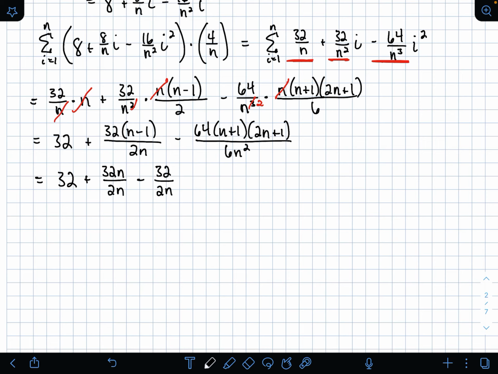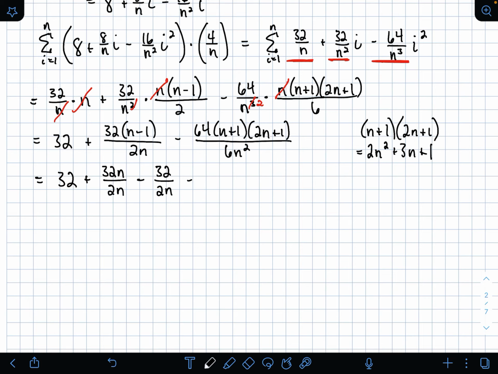In the numerator of the third term, we have these binomials to multiply together, and that should be familiar enough if you've done enough of these. It tends to come up an awful lot because it's the same two binomial expressions every time you have a sum of i squared. So the expansion for that, again, if you want to pause the video and work it through very quickly, the expansion for that is 2n squared plus 3n plus 1.